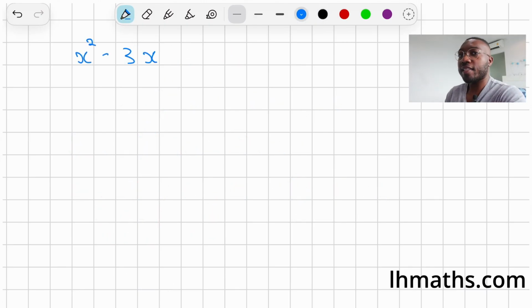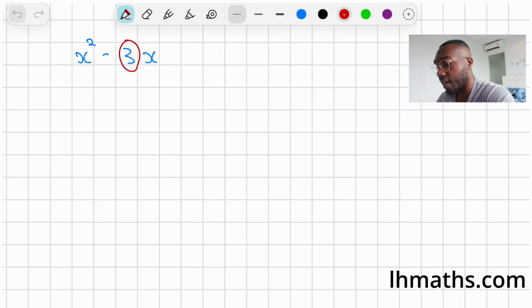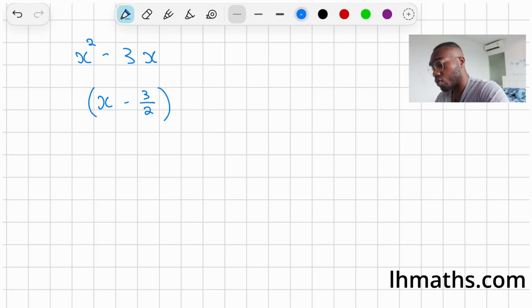So if we had something like this, x squared minus 3x, then again, we want to look at this value here, in this case also the negative, and we want to half it, okay? So if we do that, we would get x minus 3 over 2, so that's 1.5, squared.